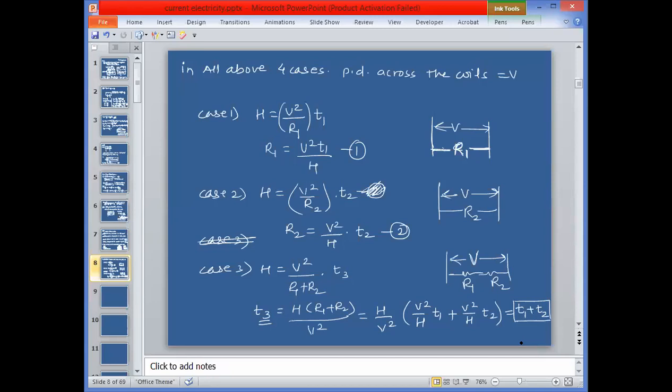Grab its marks, okay? Everyone, clear and written?